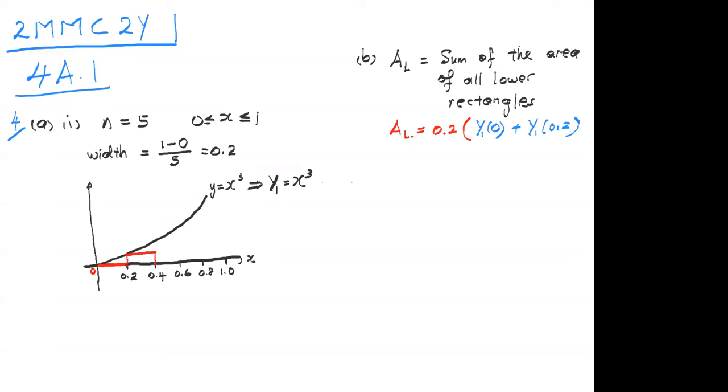Do you get me? For the lower rectangle, you take the lower height, the shorter height. The shorter height happens when x equal to 0.2. So you get the y coordinate when x is equal to 0.2. That's why I write here y 0.2.